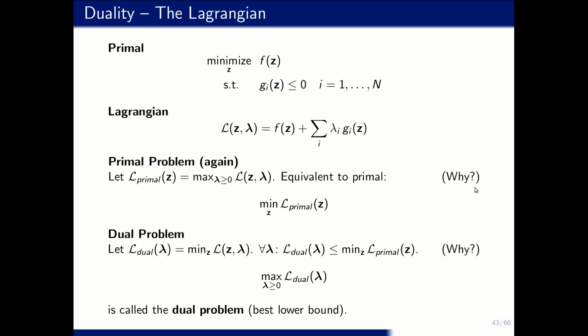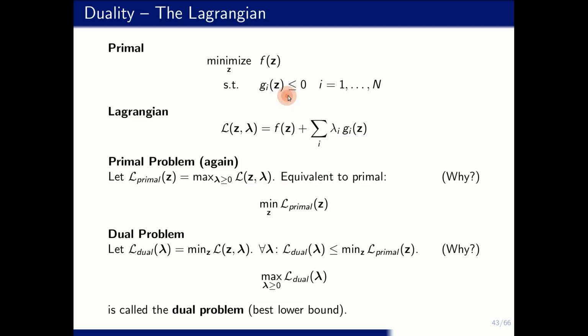So actually I will tell you why. It's best to put yourself into the position that you are this maximizer here. So essentially I give you this Lagrangian and I pick z, and you are allowed to pick lambda. Your task is to maximize over lambda. Now assume that z is a feasible point.